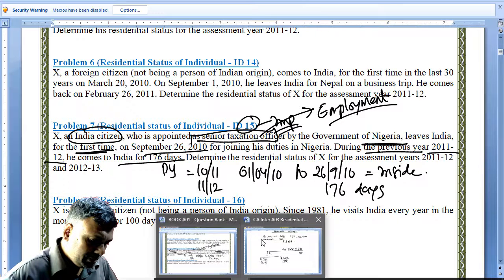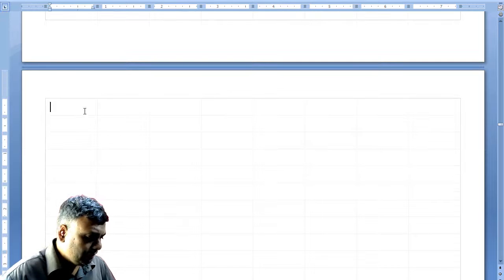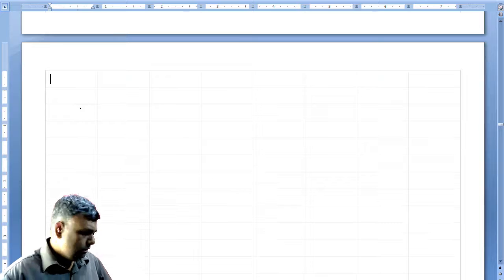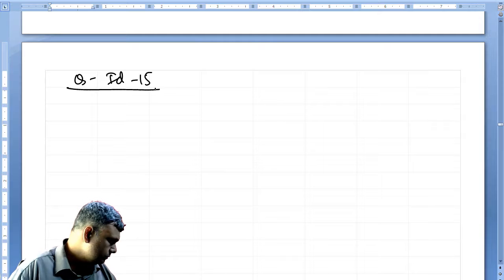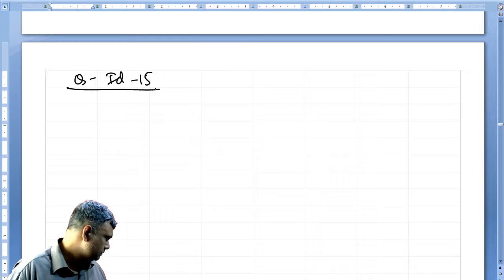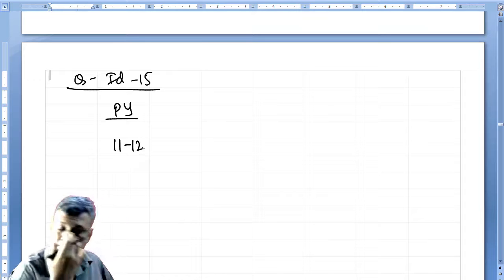Okay, so let us put this particular question in our answer format. Question ID number 15. You have previous year 11, 12.